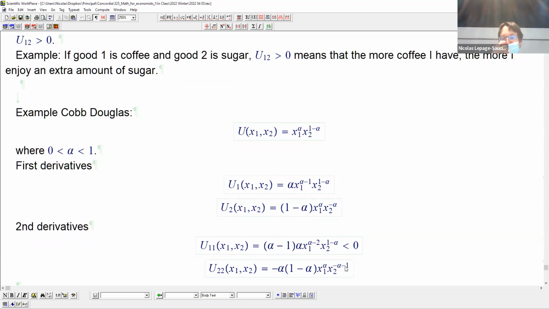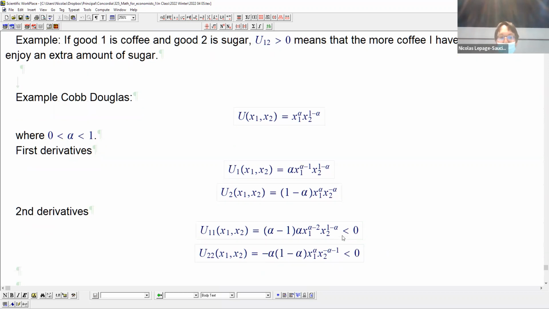Then is this positive or negative? Negative, yes. Alpha is positive, and 1 minus alpha is between 0 and 1 because alpha is between 0 and 1. So we're good. And now let's look at the partial cross derivative.